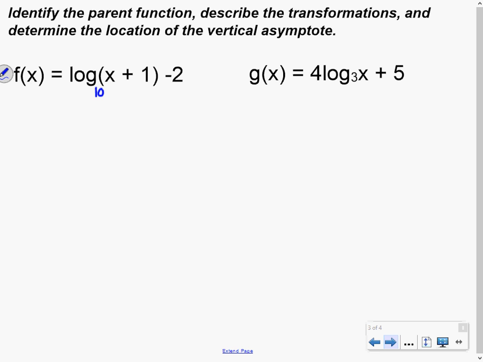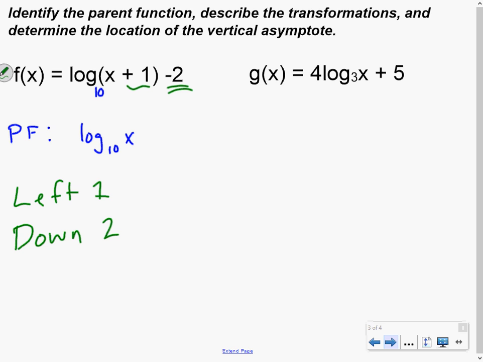Any other numbers you see correspond to some kind of transformation. So the plus 1 inside the log with the x is going to be moving it left 1 unit. The minus 2 that you see outside of the parentheses means that it's being moved down 2 units.